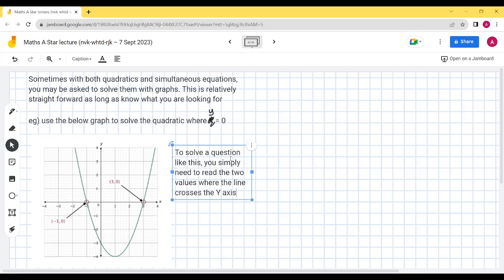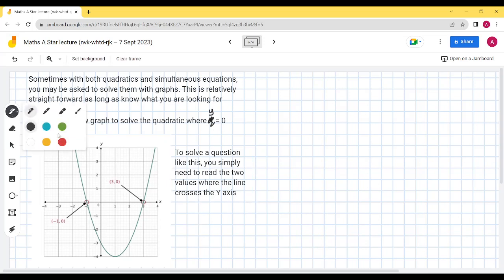And so your answer would be -1 and 3. Because that's all it is to it. Now, if you're asked to solve for y equals 1, you would have to draw a straight line through y equals 1, and it would be the 2 points where y equals 1. If you had to do y equals 2, it would be the same. But that's all it's asking you to do.